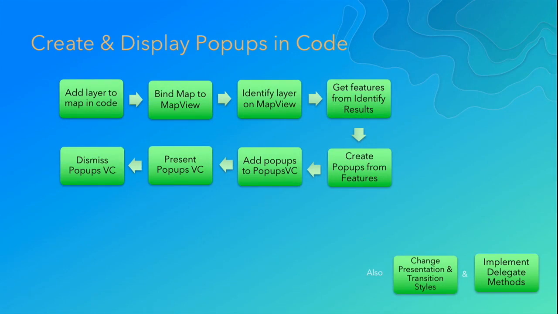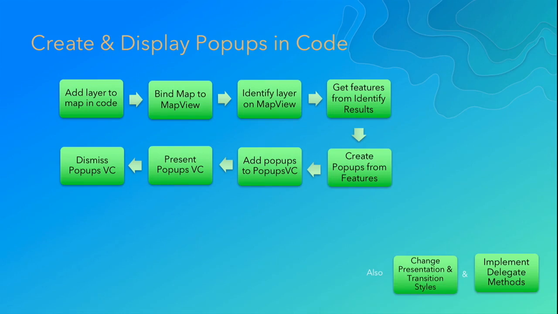If you start at the top left, the first step would be to add your layer of interest to the map in code, and then you would bind the map to the map view. The layer would be drawn now. You can then identify the layer, and you would get back features from the identify results, create pop-ups from the features, add pop-ups to the pop-ups view controller, and present and dismiss the view controller.